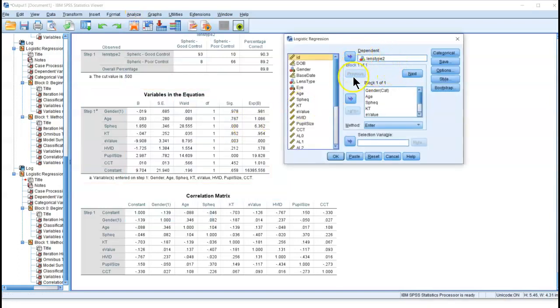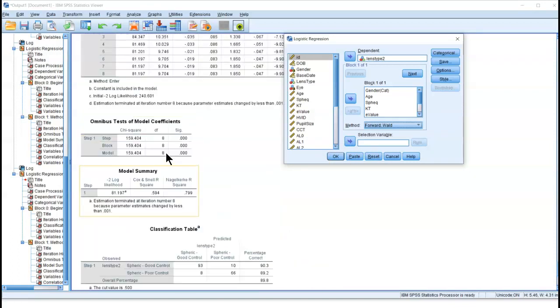Everything is the same, but we're going to do a forward Wald approach, which means it's going to find the best variable and add that, and then consider that in the model. Then it looks, given spherical equivalent, what is the next best, and so forth.